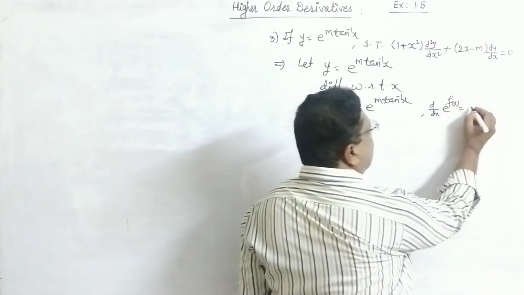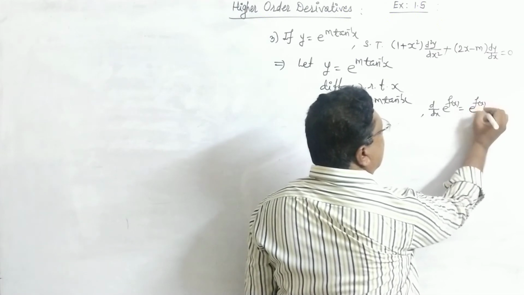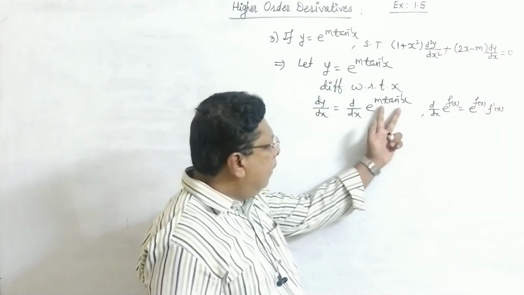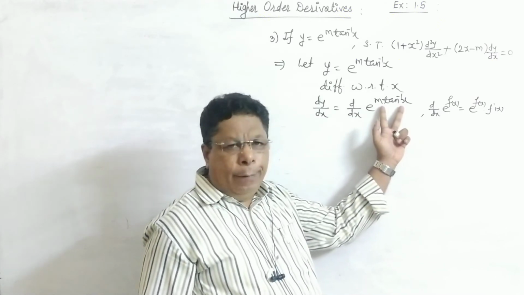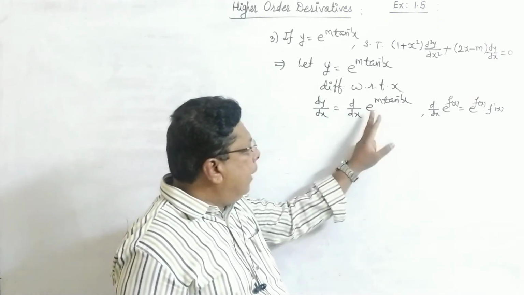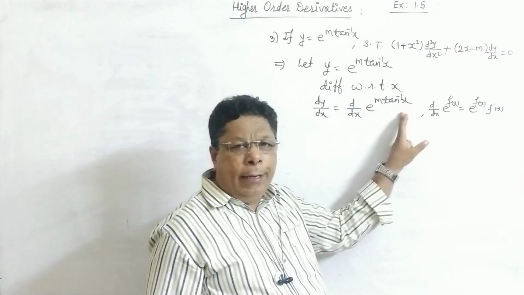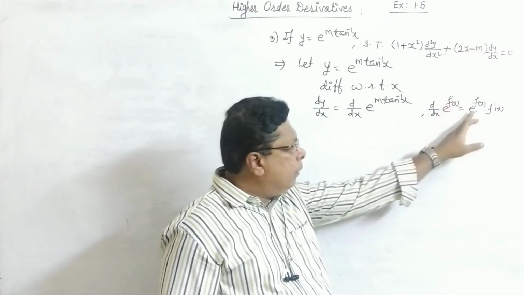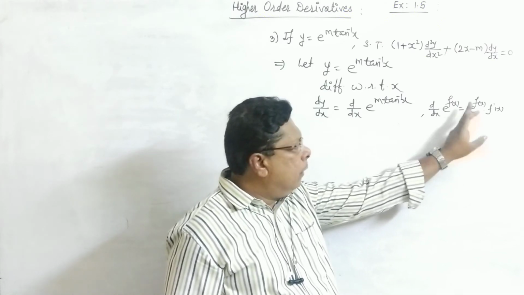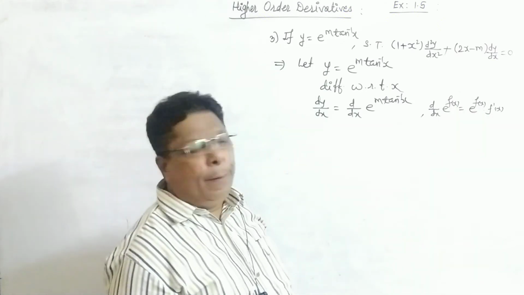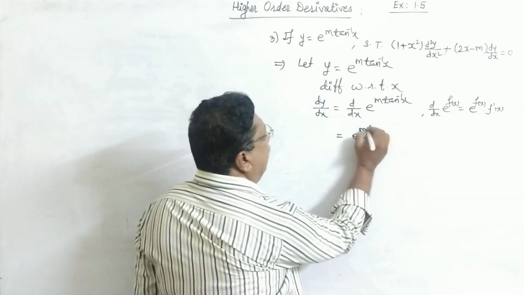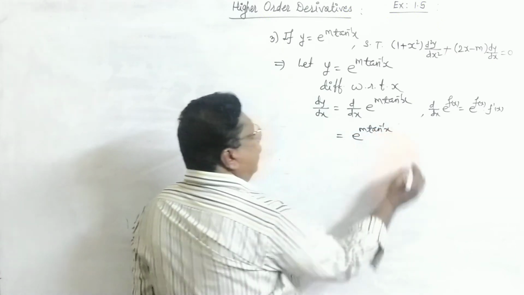The derivative of e raised to f(x) is e raised to f(x) into f dash x. What is the f(x) here? f(x) is m tan inverse x. So the derivative of e raised to f(x) is e raised to f(x), and then take the derivative of f(x), that is f dash x. So it is e power m tan inverse x.